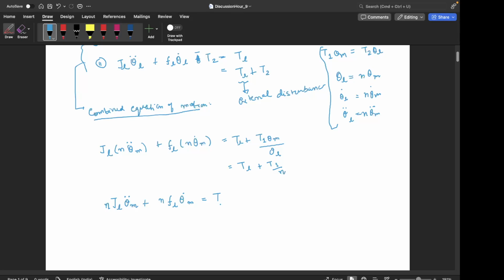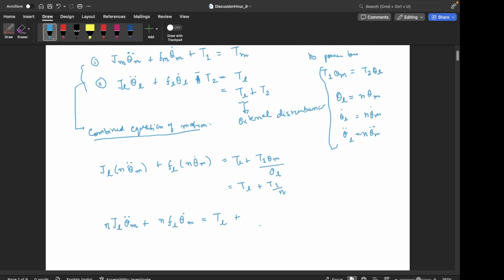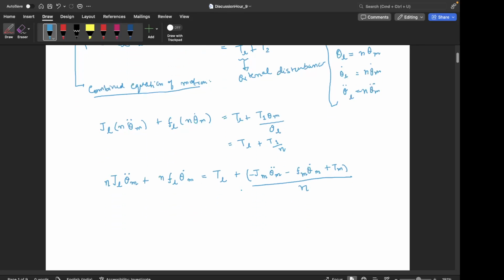is equal to TL plus, now T1's value can be put from this equation, so it would be Jm theta m double dot minus Fm theta m dot plus Tm, and this entire thing will be divided by n.